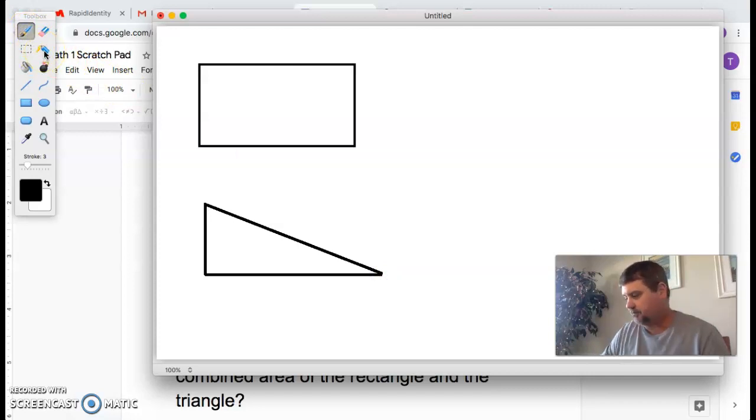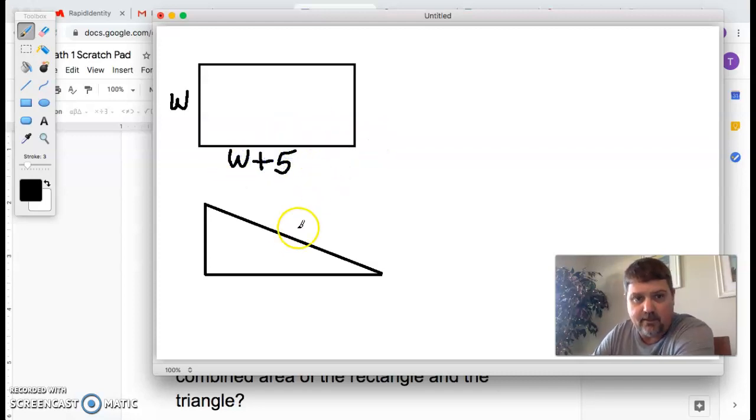All right, now it's time to do some labeling here. We need to be careful. Now they said the width of the rectangle, we're going to call that W and think everything's based off of that width. And over here, they said, well, the length is 5 more than that. And they said, well, the shorter leg of the right triangle, because this is the shorter leg, remember that's the hypotenuse, the way I've got it drawn here.